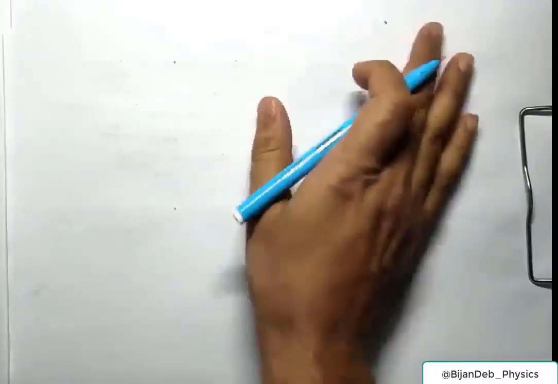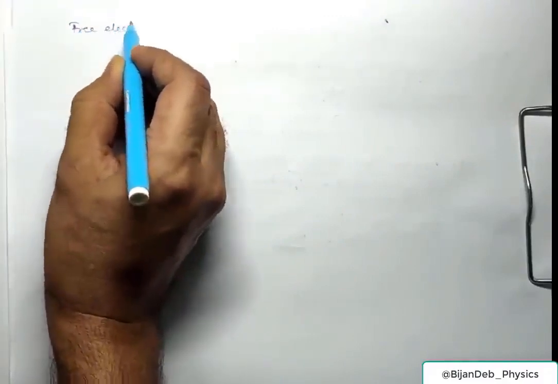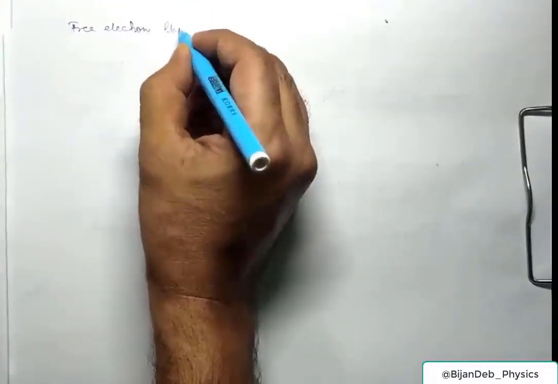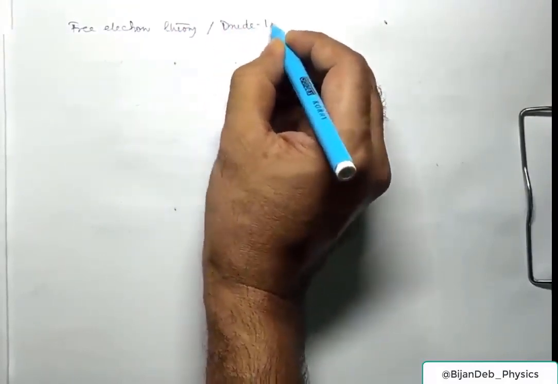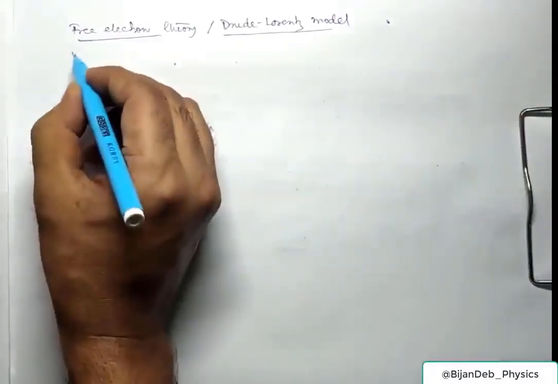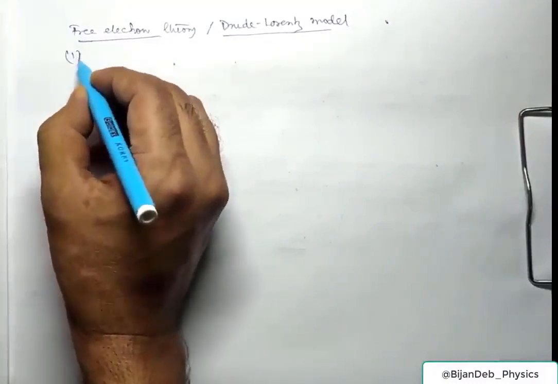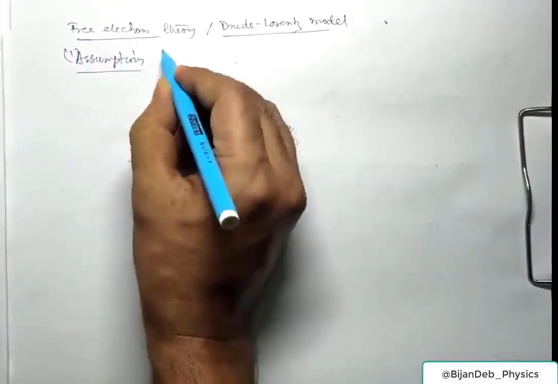Now we move to our actual free electron theory, the classical theory or the Drude Lorentz model. We first have to study the assumptions. These are very easy assumptions.